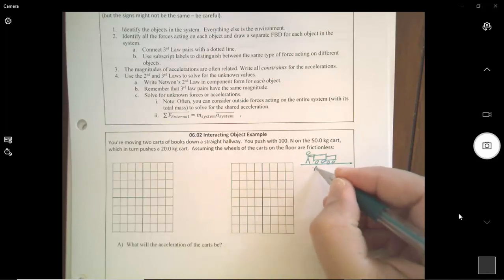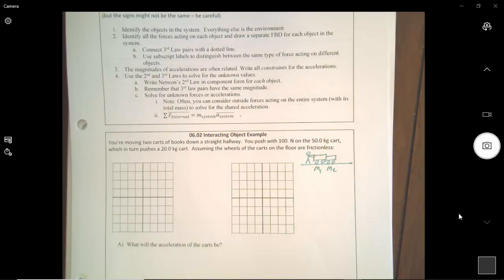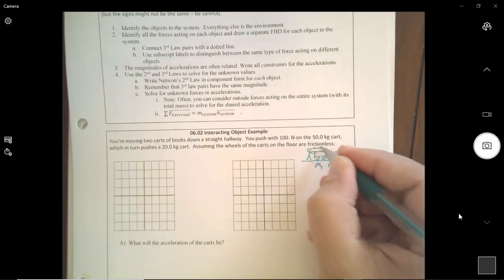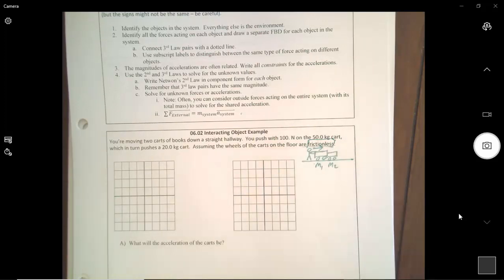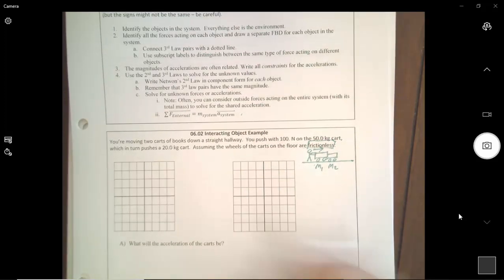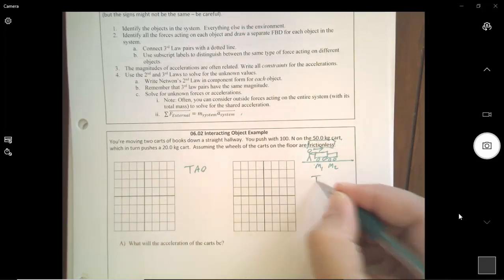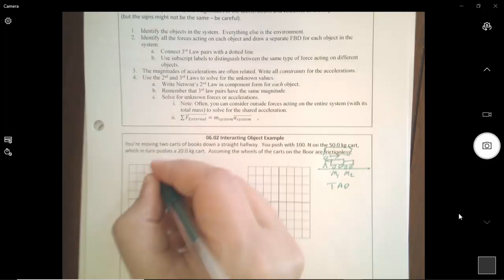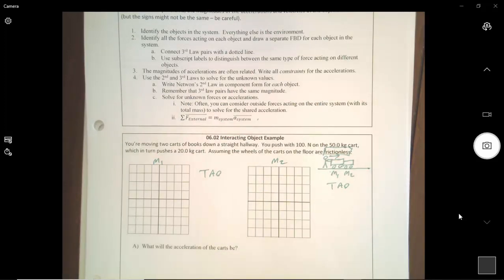So we will call the heavy cart M1 and the light cart is M2. And you are pushing that way. And you see here that the floor is frictionless. So we're going to have a tile chart for each of these scenarios. And we're going to write the forces on M1 there, forces on M2 here.